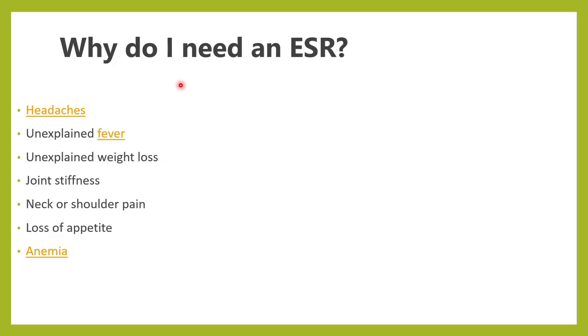So first, when we do ESR, it just gives us a clue that alerts us, yes, there is something happening in the body. There is tissue breakdown happening, and we need to find out where exactly by doing specific tests. Okay, so that is how ESR guides us in that direction.